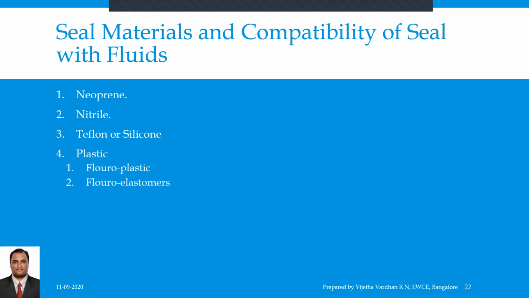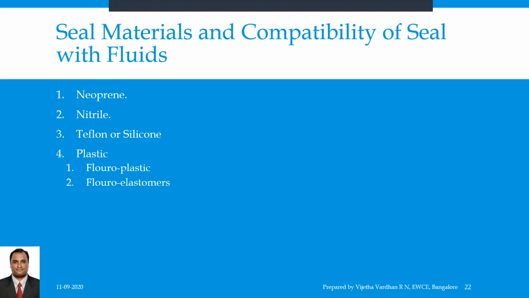Then coming to another type of seal material, which is made of plastic. It could be called fluoroplastics, and another type is called fluoroelastomers. Several sealing materials are synthesized by combining fluorine with an elastomer or a plastic. They include Kel-F, Viton A, and Teflon.